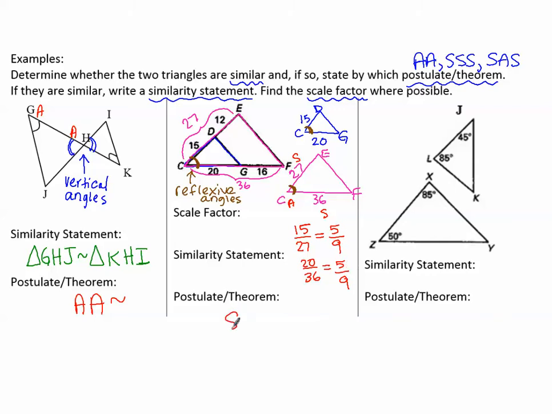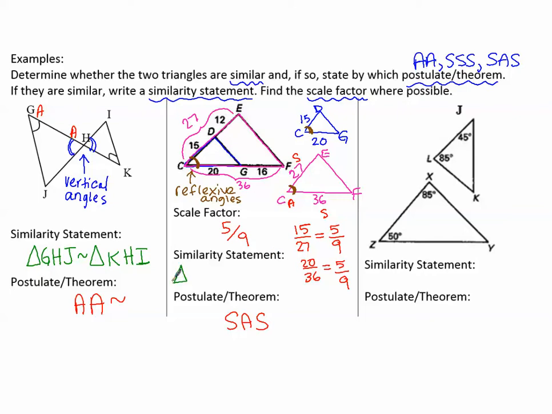So we determined that we were using side-angle-side. Usually that comes last because in a proof that would be the last thing you write if we're proving the triangles are similar. Remember how we get the scale factor? That's right, from those ratios that are equal, 5/9. How about the similarity statement? Well, let's try to match up the corresponding parts.